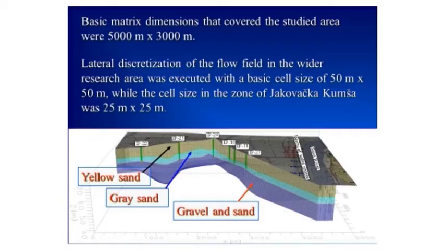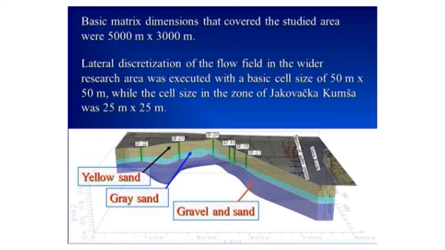A multi-layer model was made with the possibility of an automatic change of flow field depending on flow conditions. Basic matrix dimensions that cover the studied area were 5,000 by 3,000 meters, or 15 square kilometers.